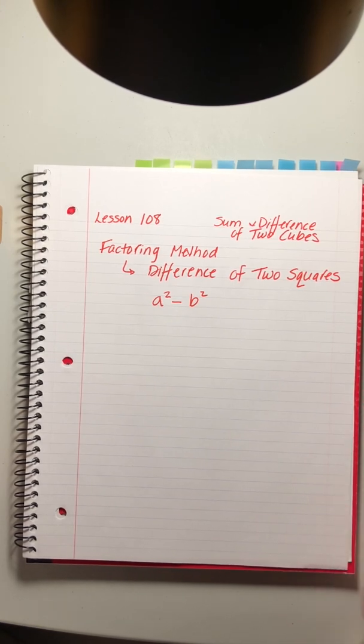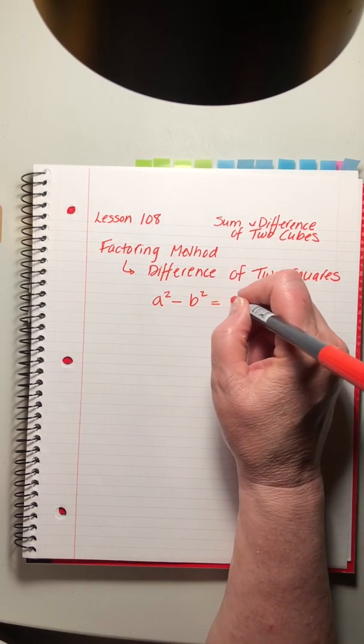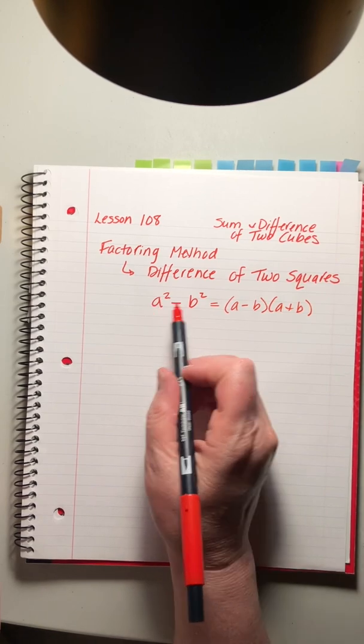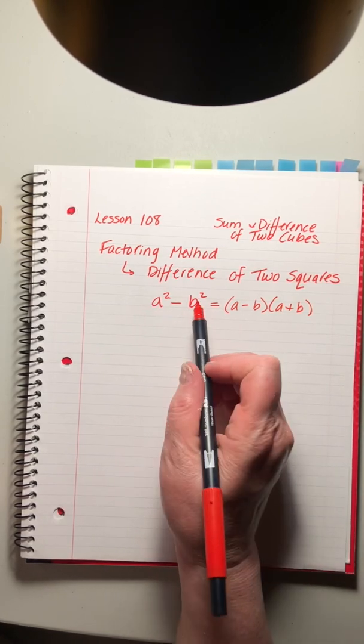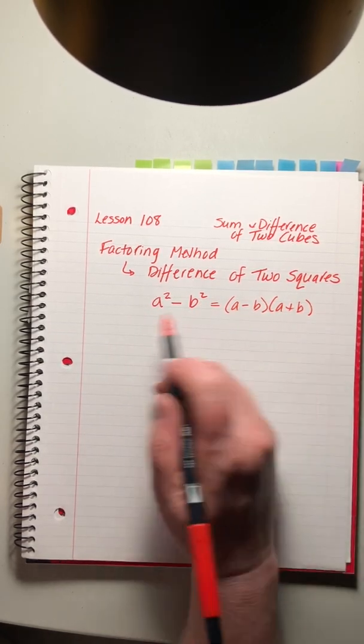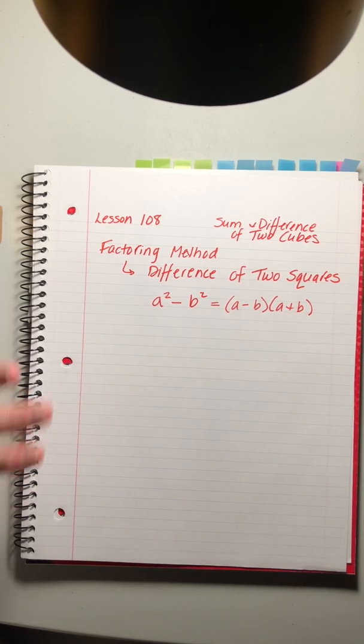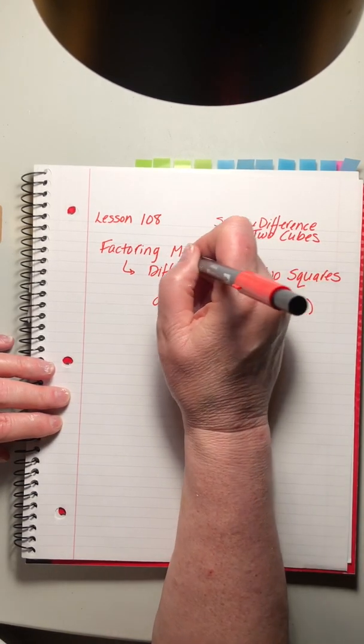There's no looking for the greatest common factor. You just go, bam. It's A minus B, A plus B. All you have to do is figure out the square root of those two things, and then fill in the blanks. It's easy. It's fast. It's as close as you're going to come to a non-thinking process in all of algebra. Okay? So this is what we're going off of.